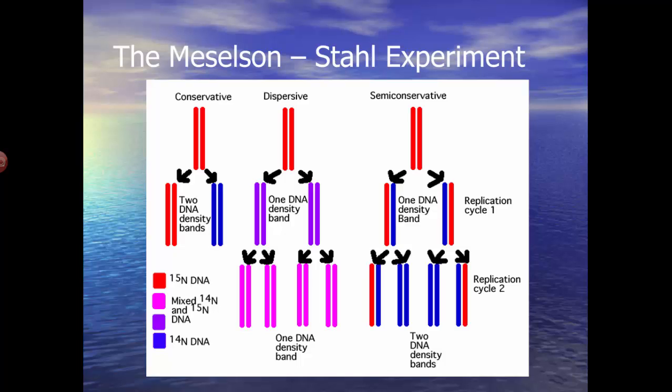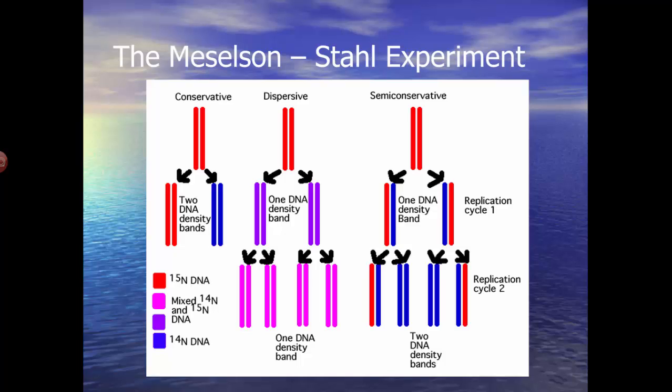If we follow the dispersive method, remember the dispersive method, we start with a piece of DNA, we break it into pieces, we make new DNA pieces to copy those, and then we put them back together willy-nilly so we have some of each. Well, in that case, we should only have one medium density band, because all of the original heavy DNA is mixed in with light DNA, and all we've got is medium mass DNA.